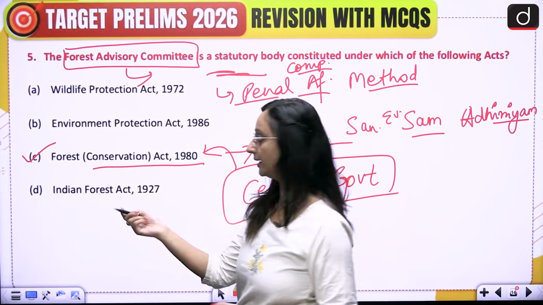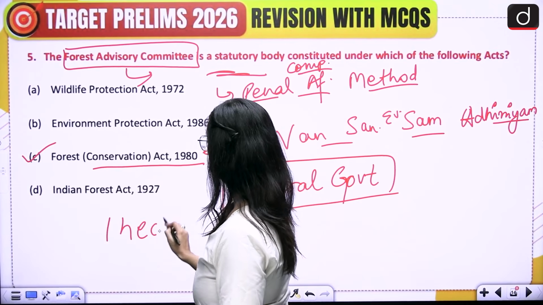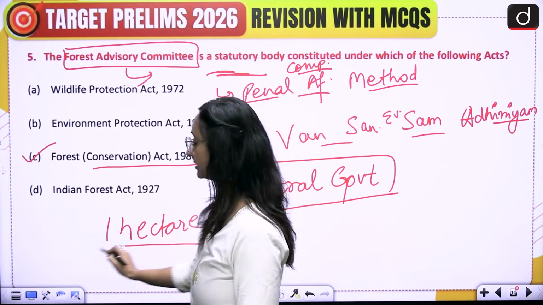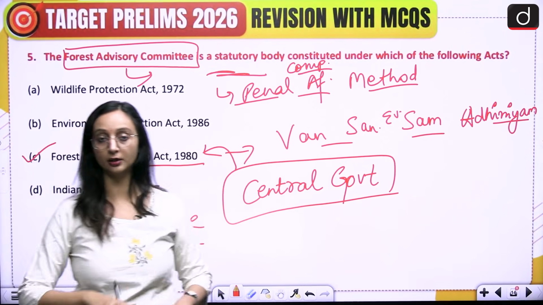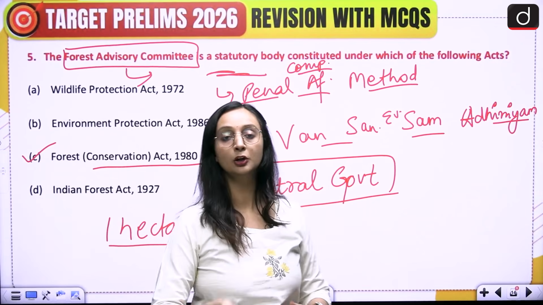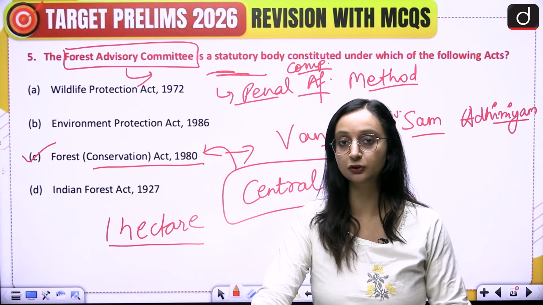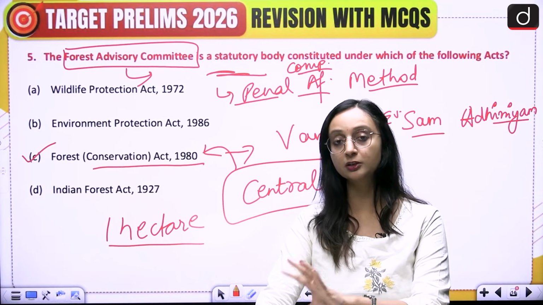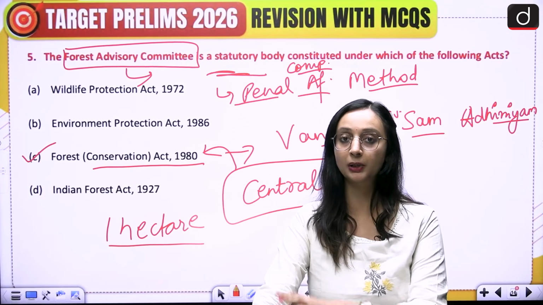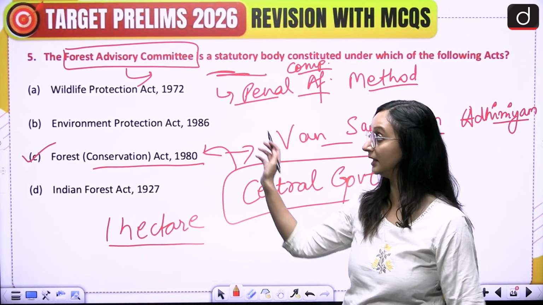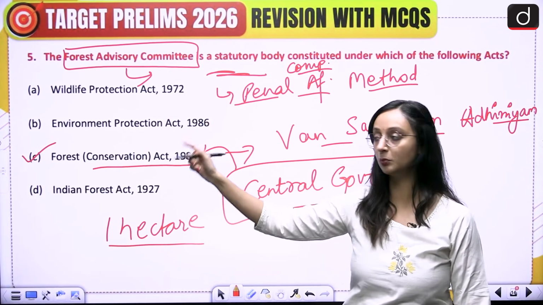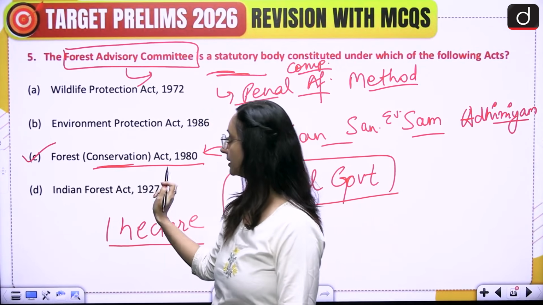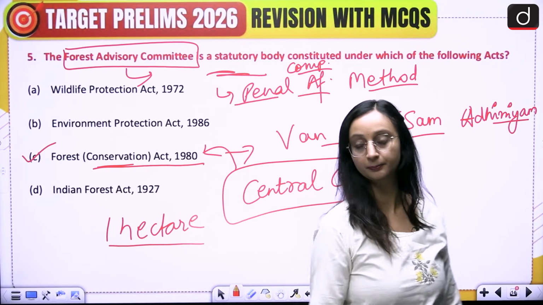If you are clearing 1 hectare of forest land, for example, then somewhere else you will have to find 1 hectare of land and do afforestation over there, plant trees over there. So this is compensatory afforestation. So a penal compensatory afforestation has been advised by this Forest Advisory Committee, and this is a statutory body which is found under the Forest Conservation Act, or the Van Adhiniyam. Okay.